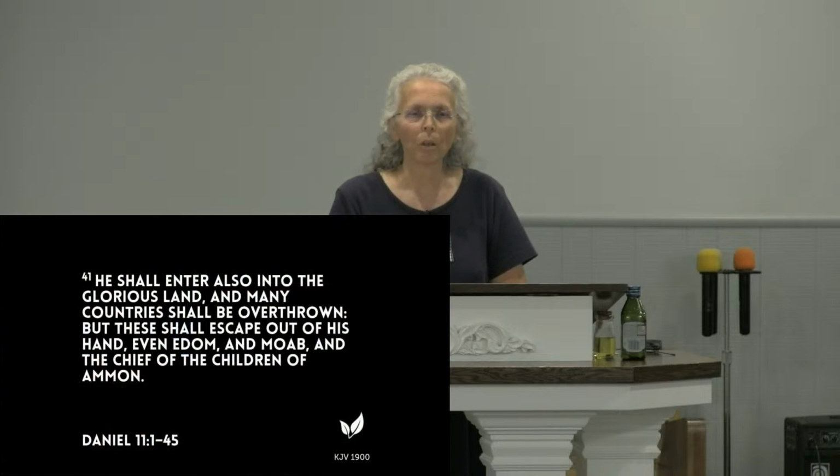Now, as you get into verse 41, you're going to find that many countries are being overthrown by the Antichrist. However, it tells us there that Edom, Moab, and the children of Ammon escape out of his hand. And those are all places in Jordan. So Jordan never does come under his authority.